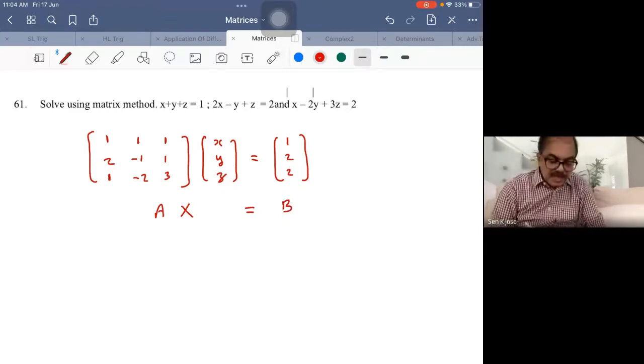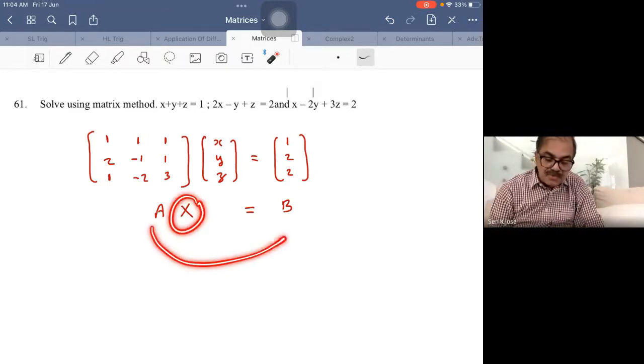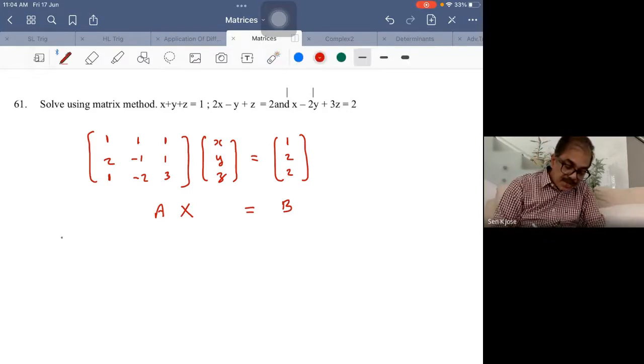And then, because we are trying to solve for x, y, z, that is the matrix X, if I want to find out X from here, I should move A to the other side. A should go and divide, we usually say. But in matrices, we say it becomes A inverse. It's called pre-multiplying.